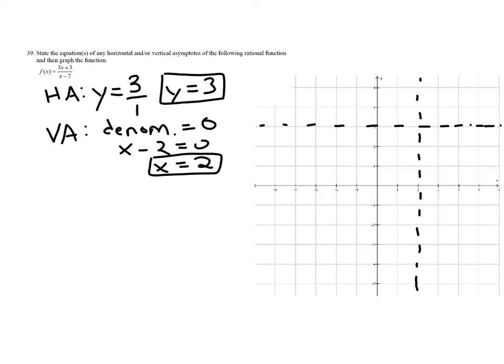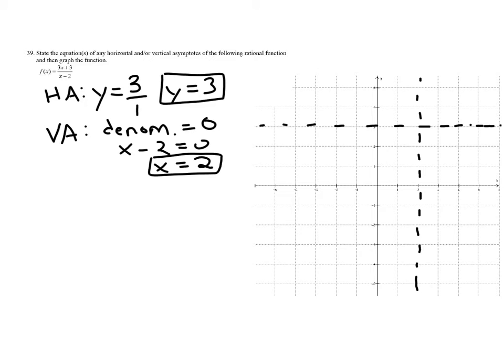For example, to the left of the vertical asymptote at x equals 2, we should substitute some value of x less than 2 to determine if the curve lies below the horizontal asymptote at y equals 3 or above the horizontal asymptote at y equals 3.